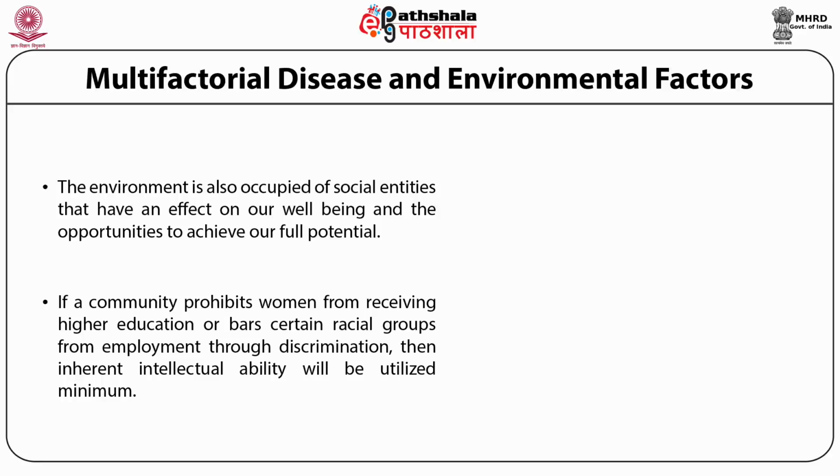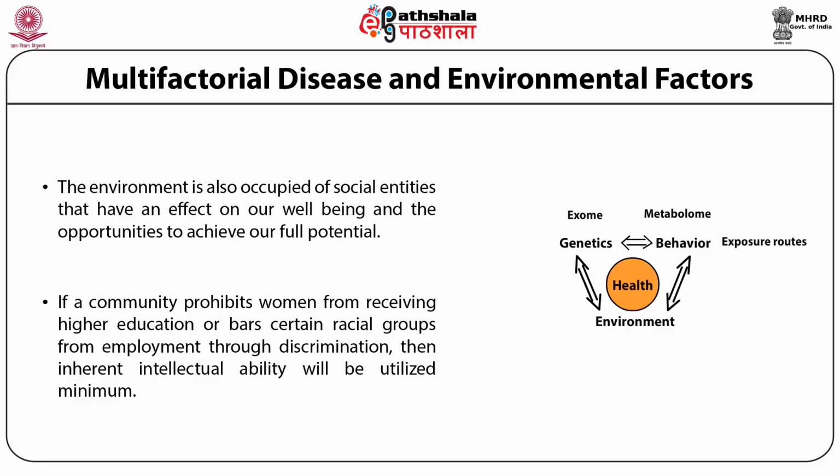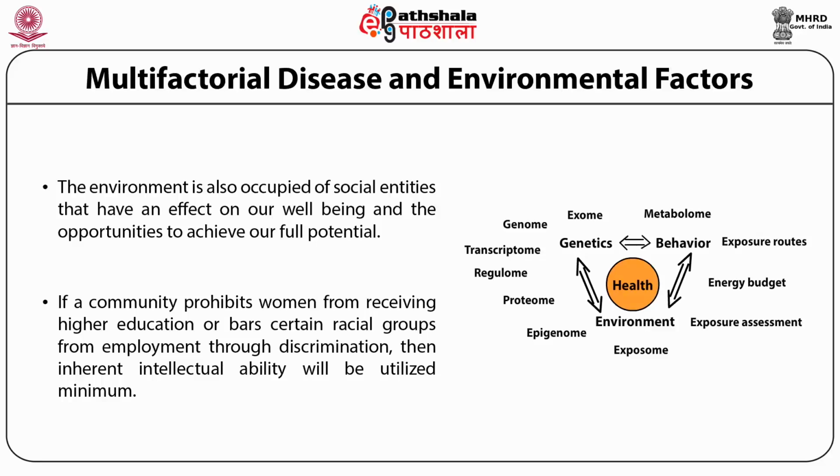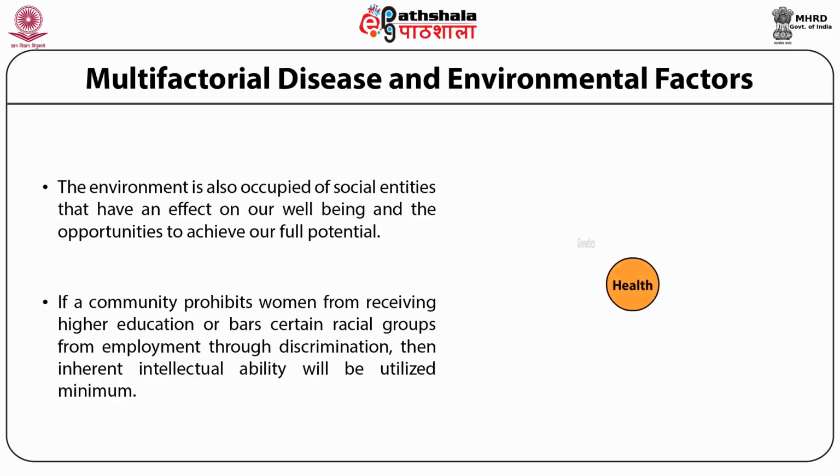Now we see from the figure a flow chart showing the interaction of genetics, behavior, and environment resulting in health status. Now we have health in the center point, that is the main focus. Then we have genetics responsible for the behavior. Behavior is influenced by the environment.